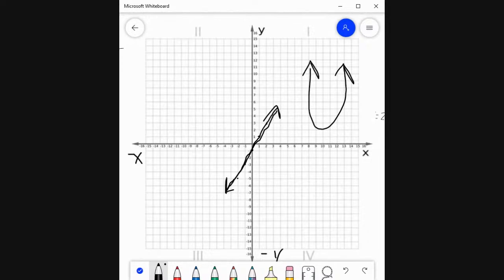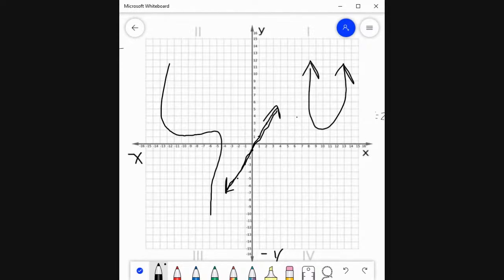Now your graphs are going to look linear or parabolic, which of course is quadratic equations. And you're going to start seeing stuff like that, and that is, my friend, what I consider an odd function, which of course is x to the third, x to the fifth, x to the seventh, all that good stuff.